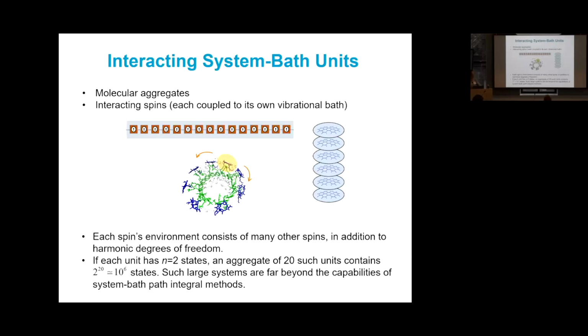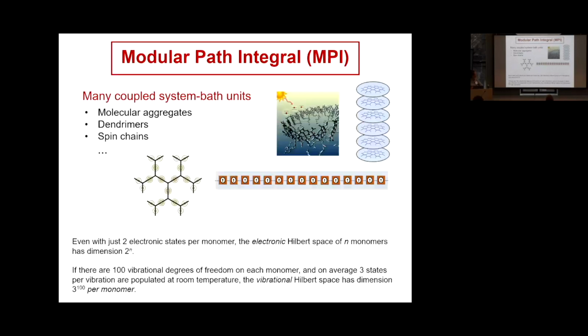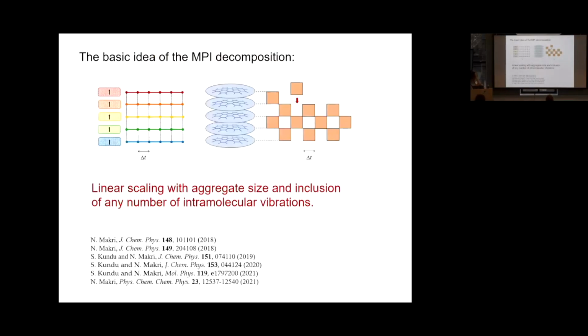So what we do is something different. We have developed a method that we call the modular path integral. We decompose the path integral into modules. In a simple form, if I have nearest neighbor interactions, it doesn't have to be like this, I get a diagram where I write down the path integral variables for each unit, unit number 1, number 2, and so on, and they connect like this.